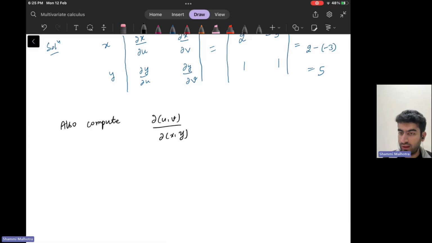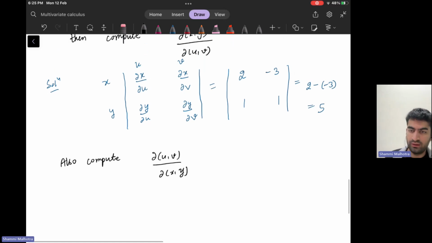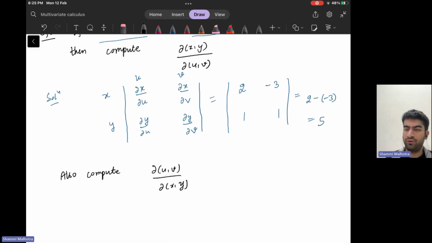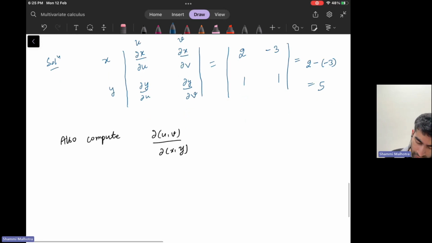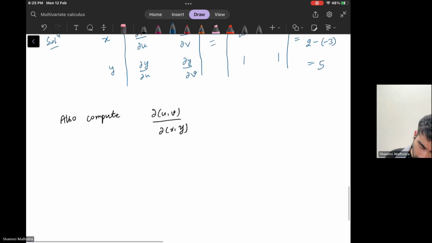To evaluate these types of expressions, either we can do the same method and compute the determinant, or we can use the identity that del uv by del xy times del xy by del uv is 1 only.